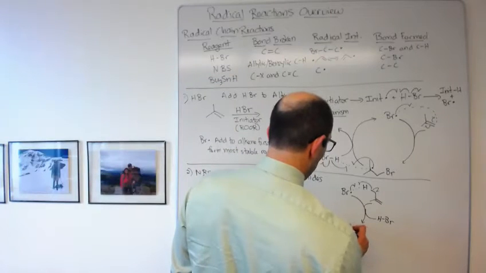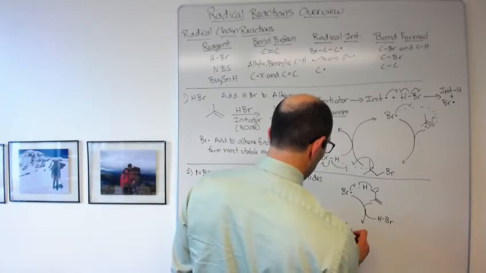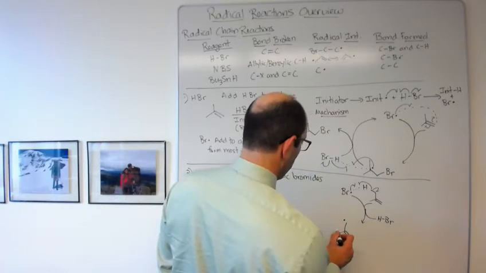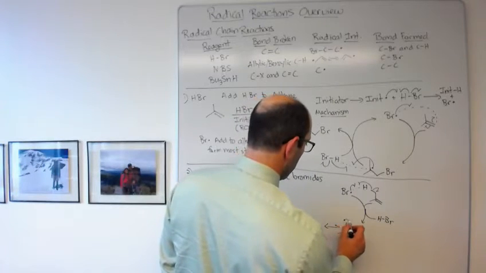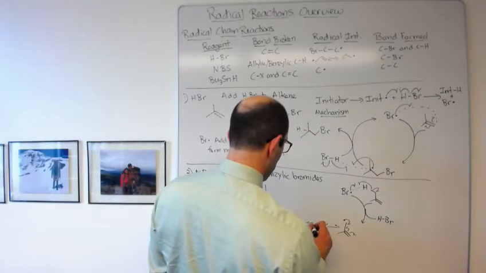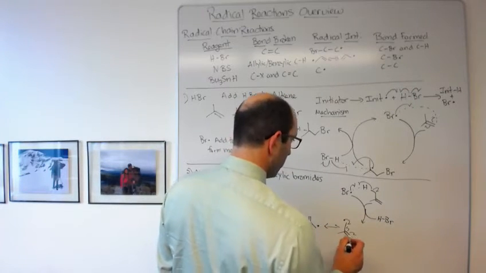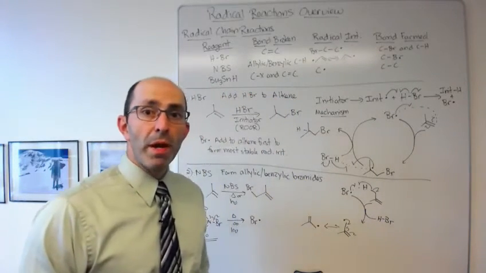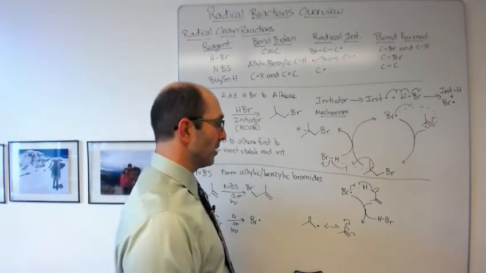Right? So we're going to end up with a radical that looks like that. And again, it's resonance stabilized. So we've made a very stable radical because it's resonance stabilized.